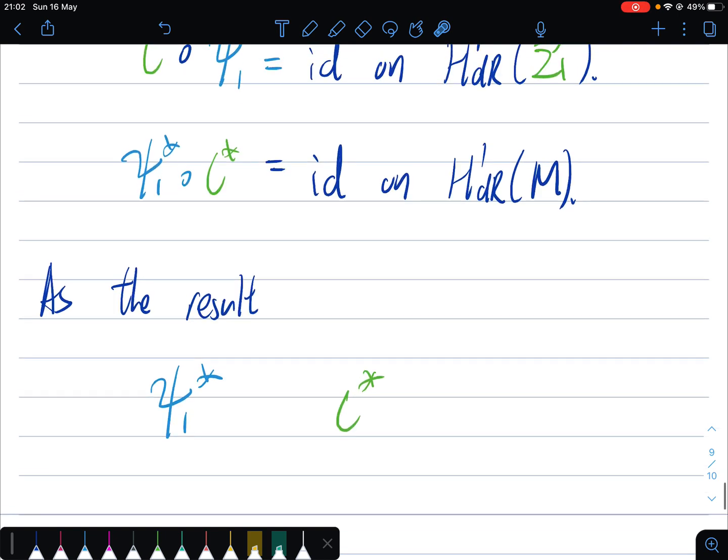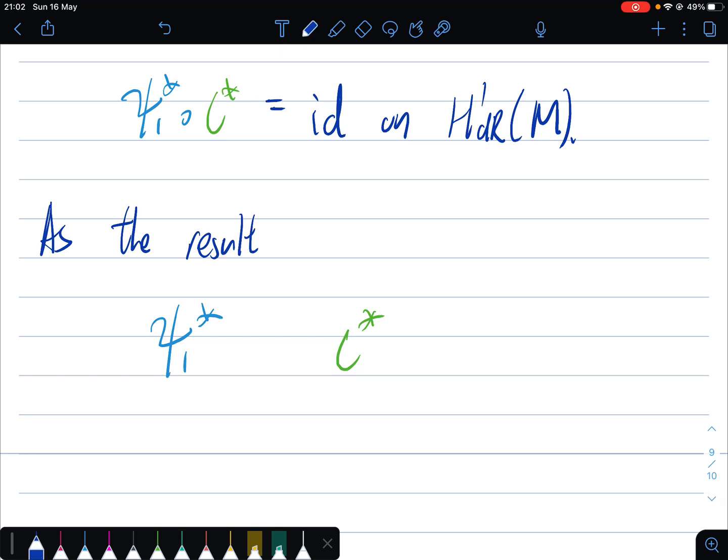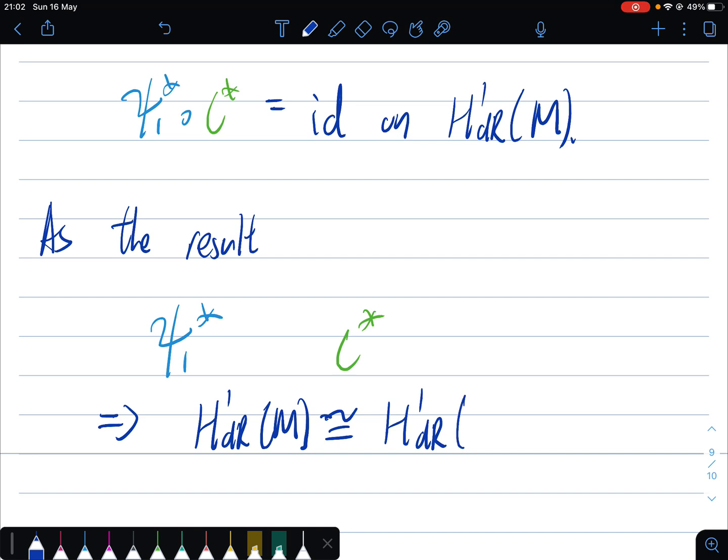Therefore this implies that the first Dirac cohomology group of M is isomorphic to the first Dirac cohomology group of sigma. And this finishes the proof.